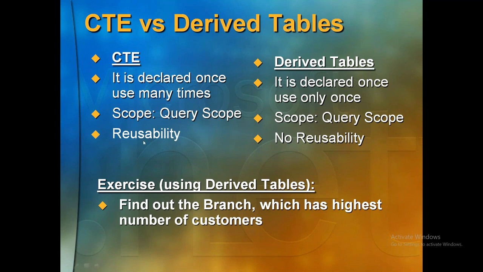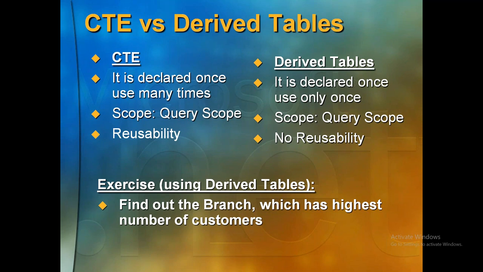Even though I explain it is declared once and used many times, versus declared once and used only once, you don't understand the difference. Syntax-wise, both have a little bit of similarities and differences. But application-wise, you should know when to use a CTE and when to use derived tables. It is a very, very important interview question, and they also compare with temporary tables and everything.